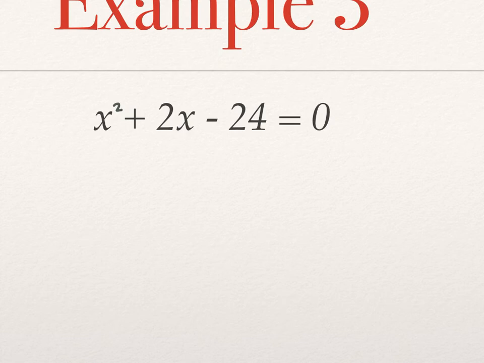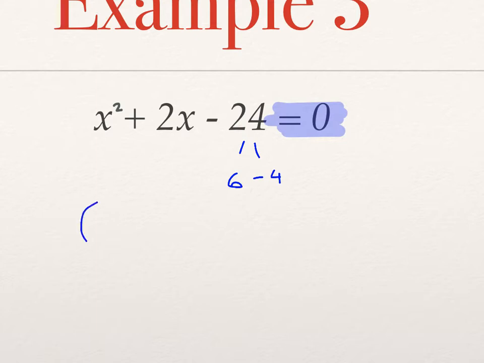All right, so here we have equal to 0, so we can go ahead and factor. We don't have to do anything to start. What are two factors of negative 24 that add to 2? Negative 4 and what's negative 4 times 2? Negative 4 and 6. 6 times negative 4 is negative 24, and 6 minus 4 is 2.